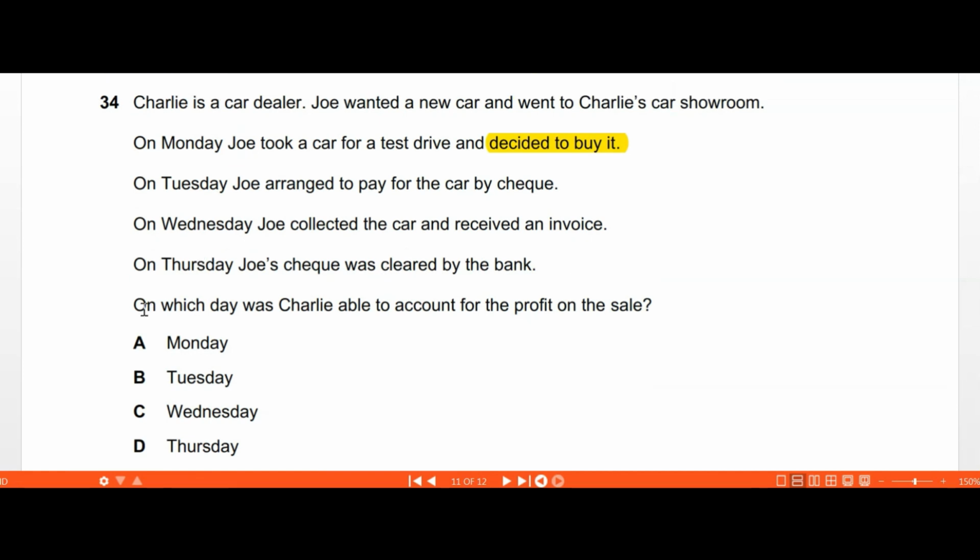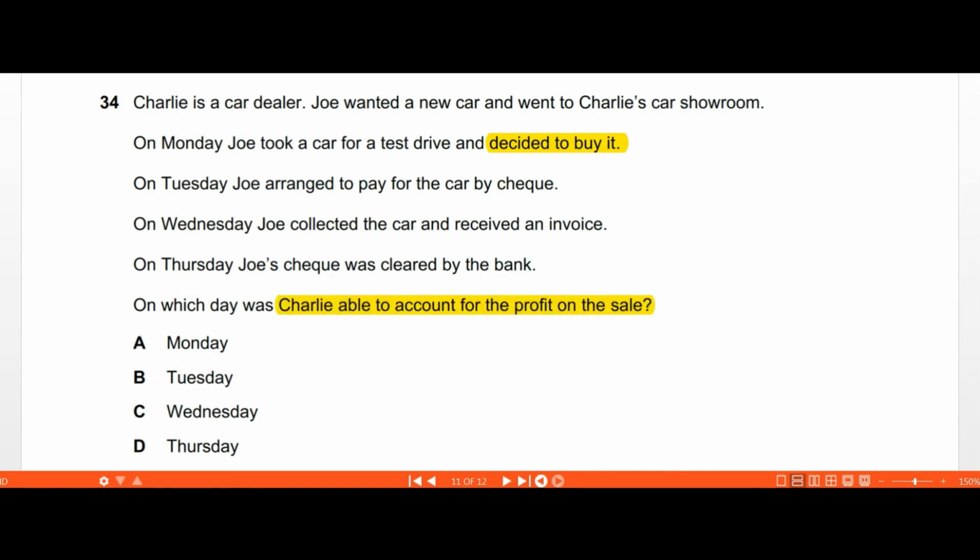On which day was Charlie able to account for the profit on the sale? Okay, now this is a very tricky and unique sort of question. They have given you every day of a week where they're showing you a little progress on this particular deal of this car sale, and they're asking on which day was Charlie able to account for the profit on the sale.